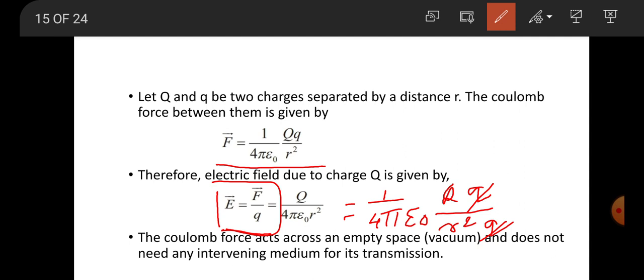This Coulomb's force acts across empty space, that is vacuum, and it does not need any intervening medium for its transmission. Okay, and therefore we can say electricity can pass through the vacuum also.